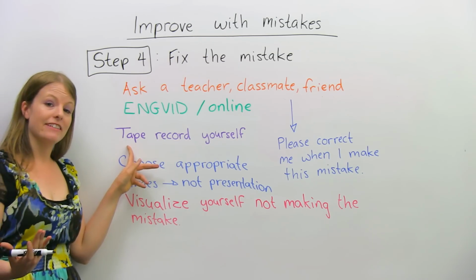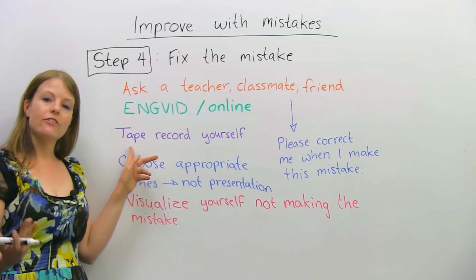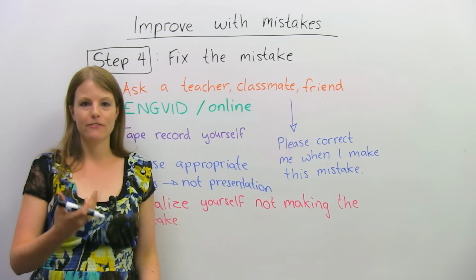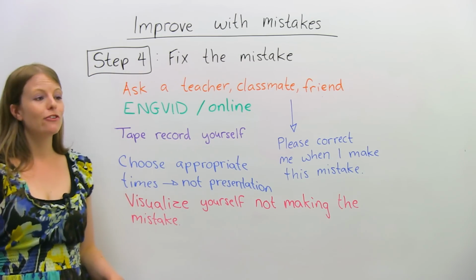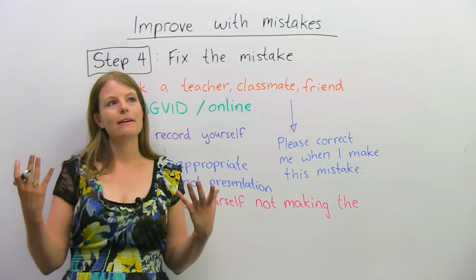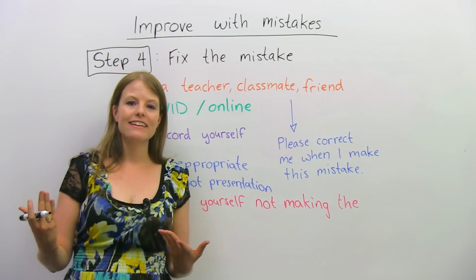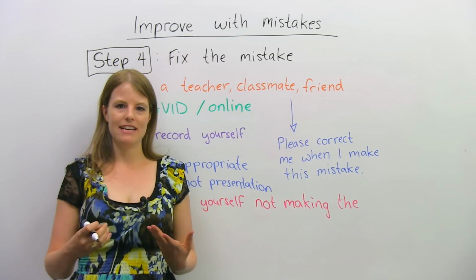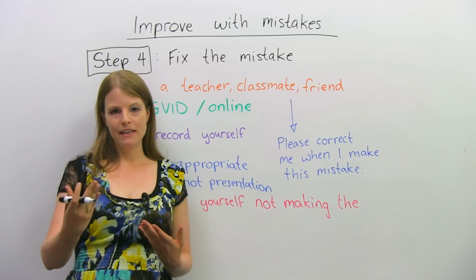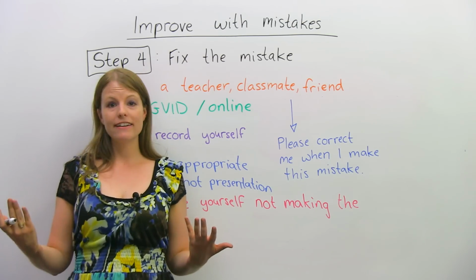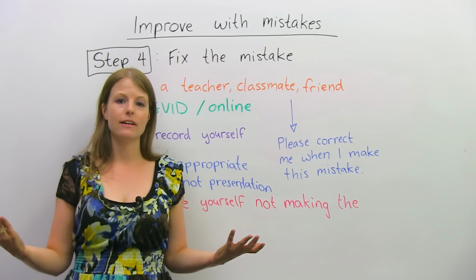If it's a speaking mistake, a good idea is to actually tape record yourself speaking. I have students who make the same mistakes a lot, and they don't hear themselves making the mistake. So when they speak, they say, oh, no, that's what I said. No problem. That's exactly what I said.